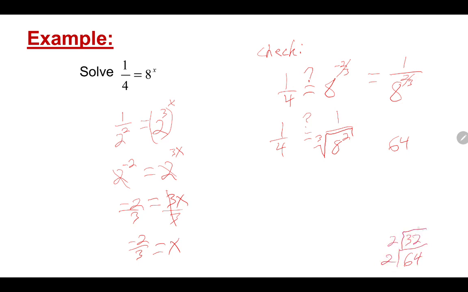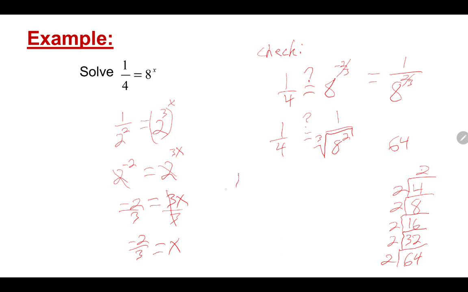2 goes into that 16 times. 2 goes into that 8 times. 2 goes into that 4 times. And 2 goes into that 2 times. So 8 squared, which is 64, is 2 times 2 times 2 times 2 times 2 times 2.